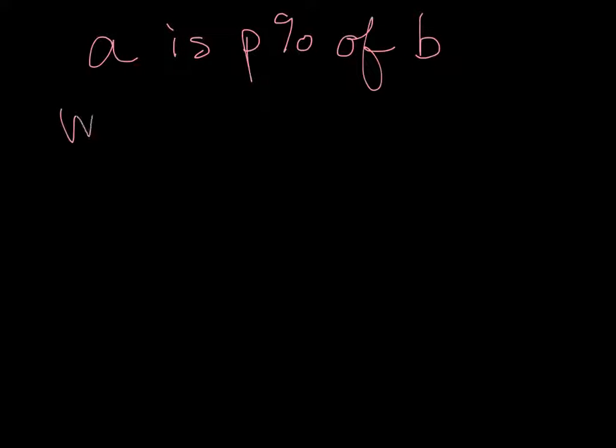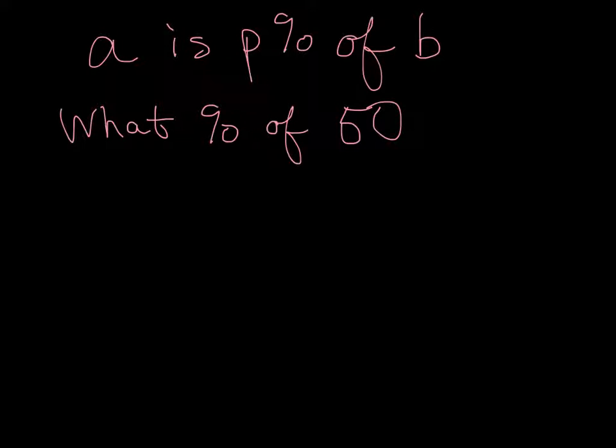Okay, I'm going to rewrite again. A is P% of B. Okay, so this problem asks, what percent of 50, sorry, that doesn't look like a 50. Let's try that again. What percent of 50 is 36?